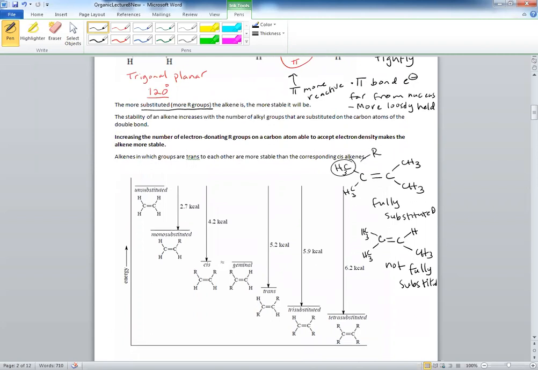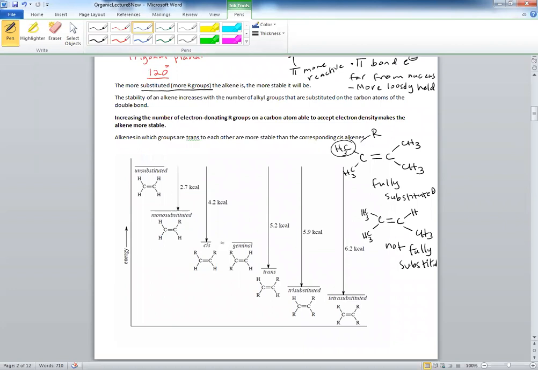And if you notice here, unsubstituted tends to have the highest energy. So this one would be the least stable. And of course, if you look down here, this would be the most stable, and lowest in energy.